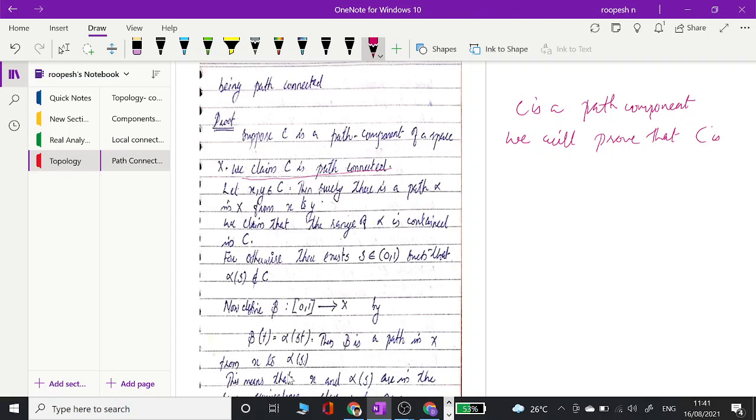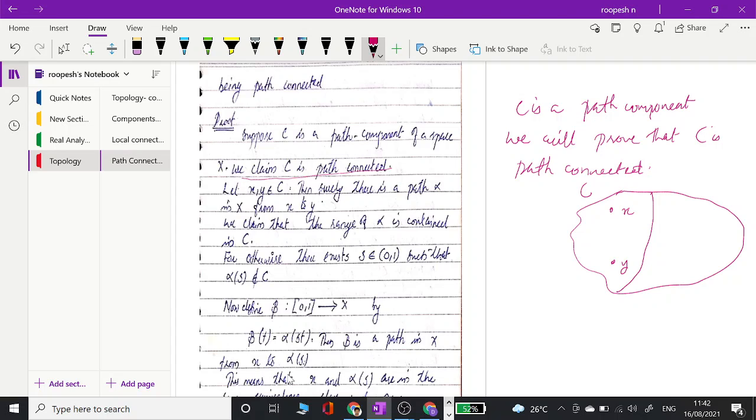We will prove that first, C is path connected. Suppose this is your space and this part is your C. Now in C you can take two points x and y. Let x, y belong to C. Then surely there is a path alpha in X from x to y.